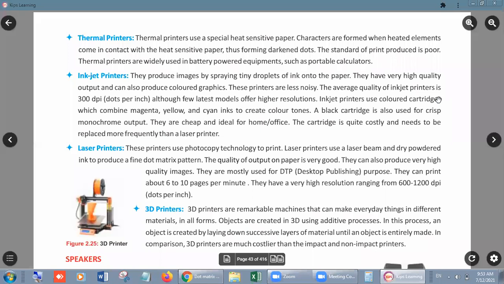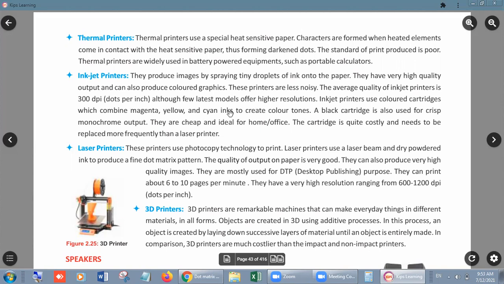In the same way, inkjet printers have a head, and they have some color bottles inside it, or in the head you can fill some color in its cartridge, you can say. Inkjet printers use colored cartridges which combine magenta, yellow, and cyan ink to create color tones.